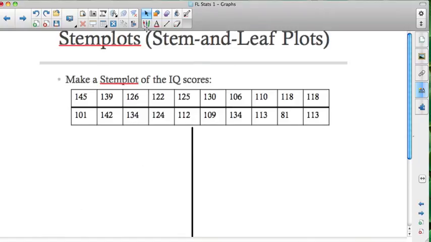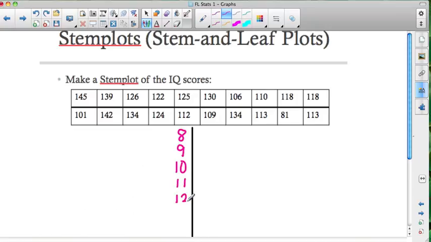So we're going to make a stem plot of these same IQ scores, and I know from before that the smallest stem is going to be that 8, and my largest stem is going to be that 14. So I'm going to go 8, 9, 10, 11, 12, 13, 14.